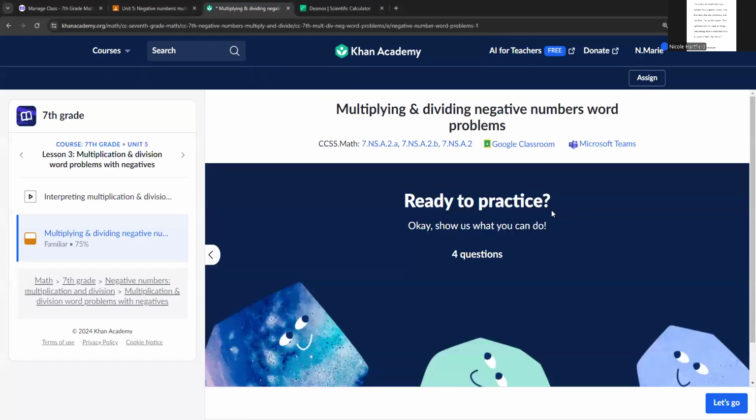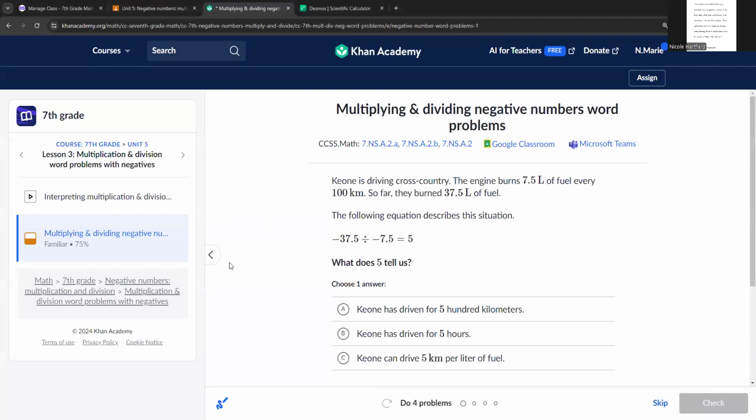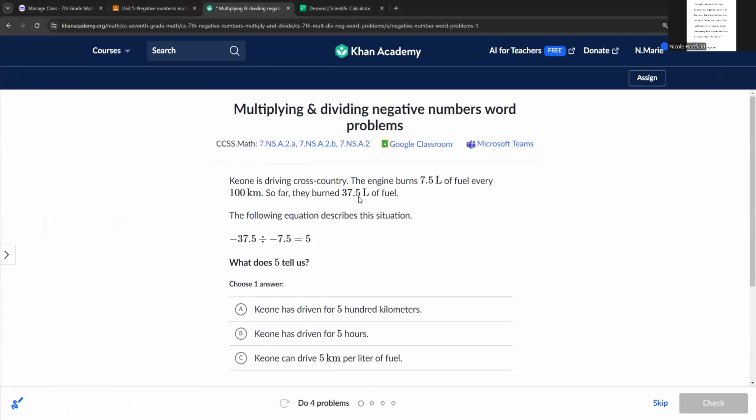Let's go to some word problems. Word problems are always fun. Keone is driving cross country, the engine burns 7.5 liters of fuel every 100 kilometers. So far, they burned 37.5 liters of fuel. The following equation describes the situation.